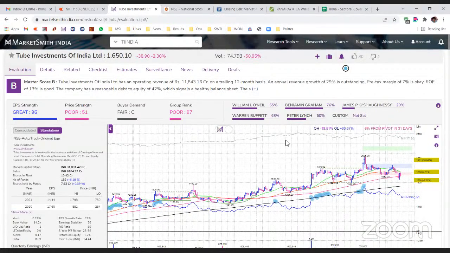So if the market sustains strength, the stock can reclaim its key moving averages or re-breakout over the 1798 level, and probably one can have a look at this stock. Before that, we would not advise you to look at the stock at the current moment.